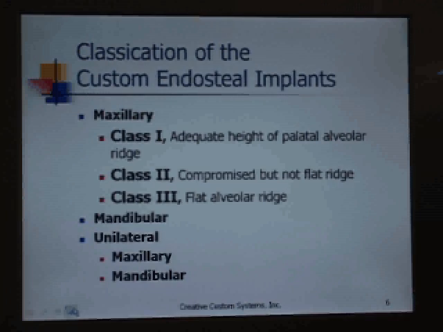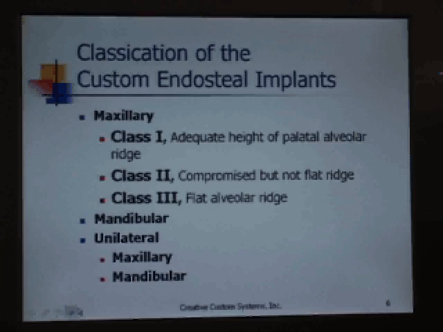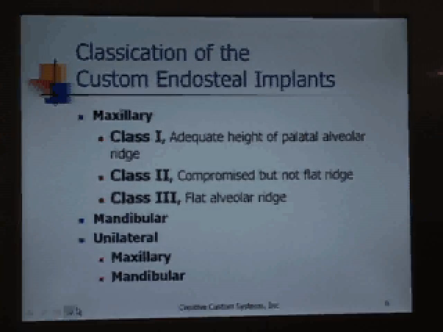Our patients are very miserable with these types of dentures, and there's nothing for them to do but either have an extensive bone graft or what we call pulling out all the stops, the maxillary custom endosteal implant.